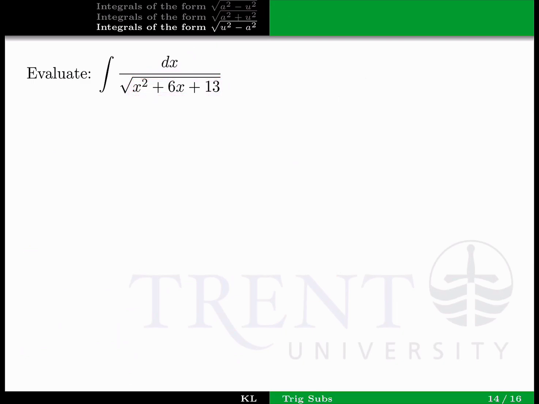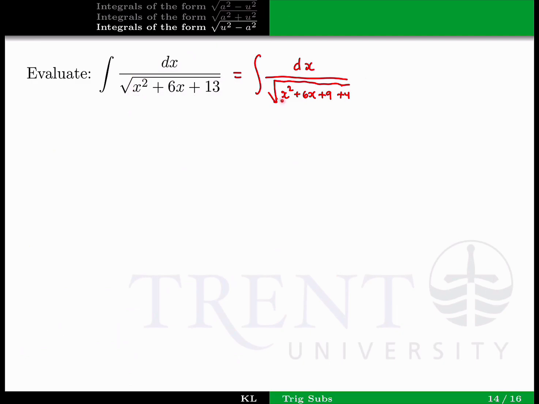Namely, we will have integral, you got your dx in here. On the denominator, you can write that one as x squared plus 6x plus 9 plus 4.